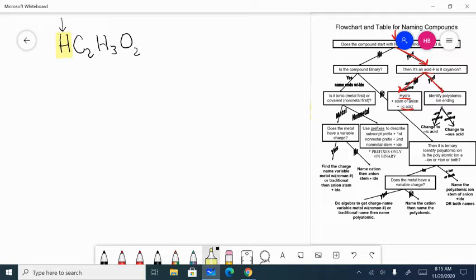This polyatomic ion does have oxygen in it, so we're going to find it in its acetate. That polyatomic ion ends in ATE, so this is going to become acetic acid. This is the active ingredient in vinegar.